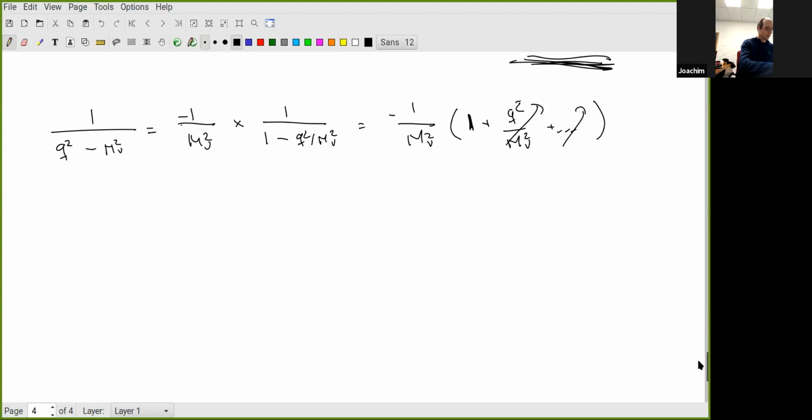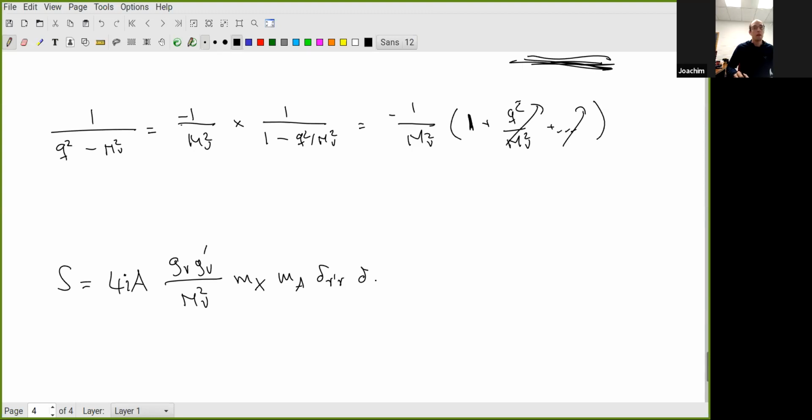Okay, let's see. So now we have the S matrix element equals 4i times A, g_V g_V prime over m_V squared, M chi, M nucleus, delta R primed R, delta S primed S, and then this 2 pi to the 4 delta momentum delta function.